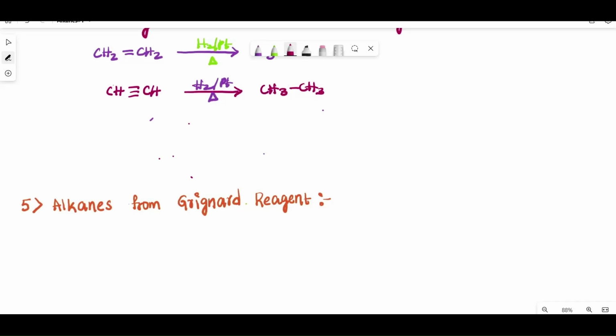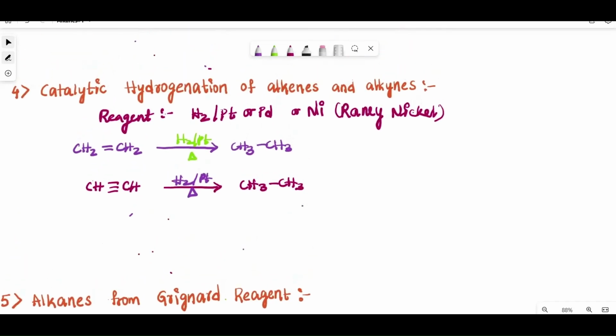This reaction is also known as the Sabatier-Senderens reaction.